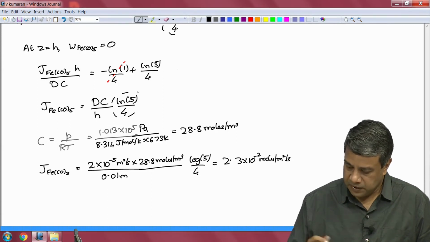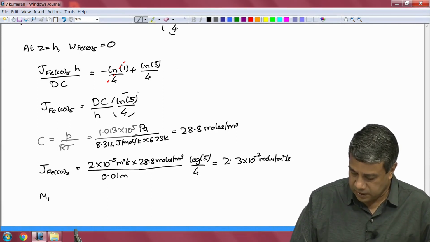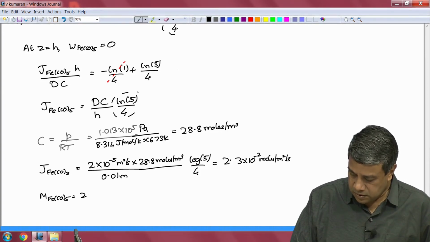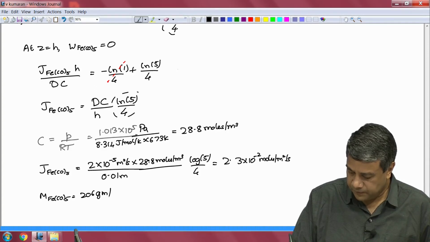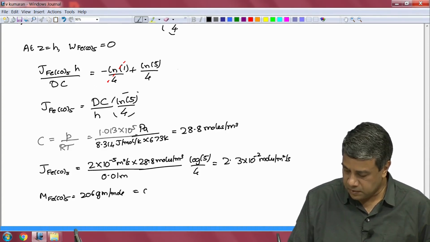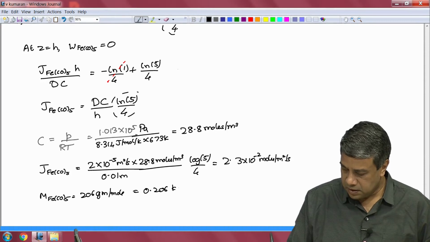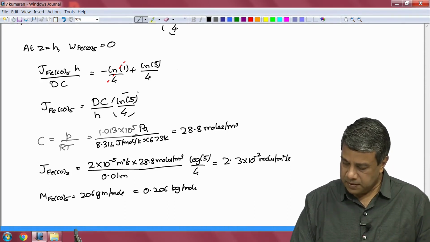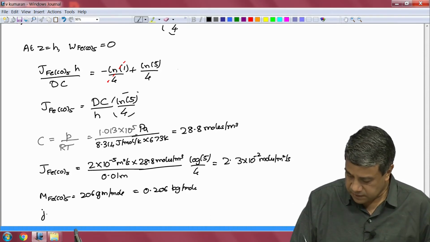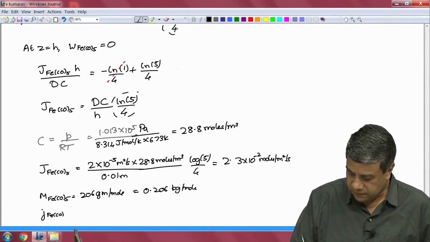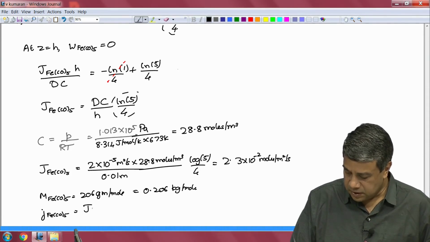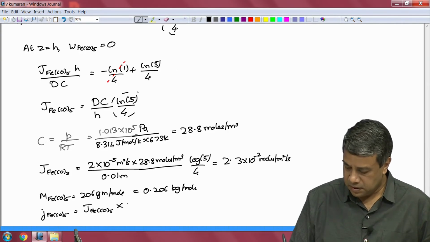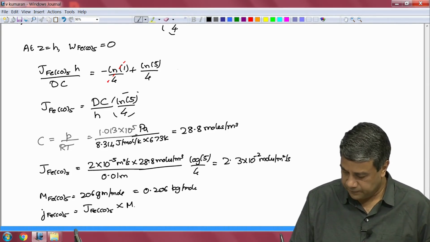Molecular weight of iron pentacarbonyl is equal to 206 grams per mole, which is 0.206 kg per mole. So, you can multiply this to get the mass flux. The mass flux of FeCO5 is equal to J of FeCO5, the molar flux, times the molecular mass.